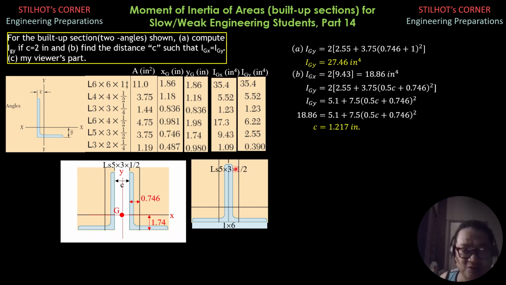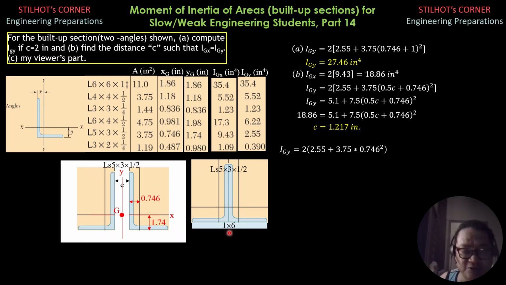So it is 2 times quantity 2.55 plus area 3.75, and the distance is just xg of 0.746 squared. So 2 times quantity 2.55 plus 3.75 times 0.746 squared. That's the moment of inertia of the two angles with respect to this new centroidal y-axis.